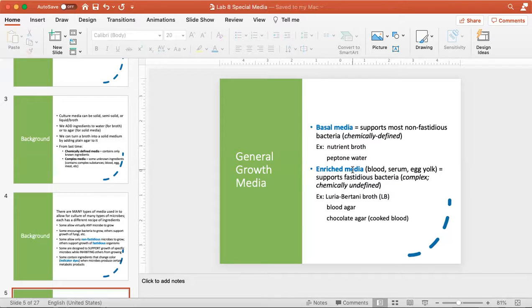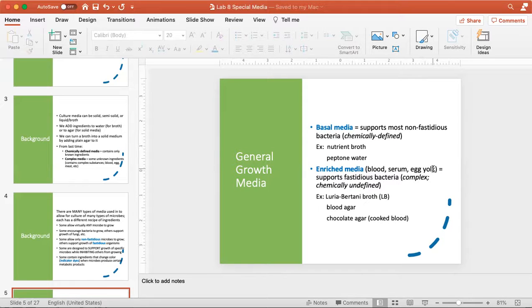Enriched media is the same as complex media or chemically undefined. So these are the media that have things like blood and serum and egg yolk and things like that. These are the media that we add in these very natural but very complex ingredients that sometimes will give bacteria that little extra special nutritional need that they have.